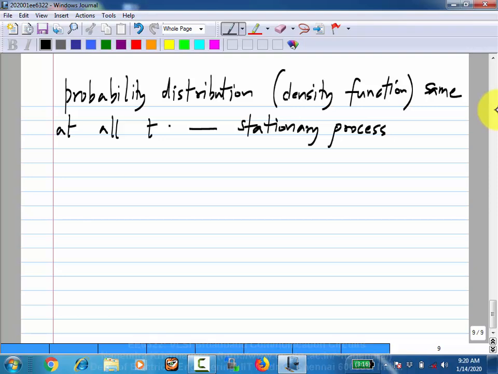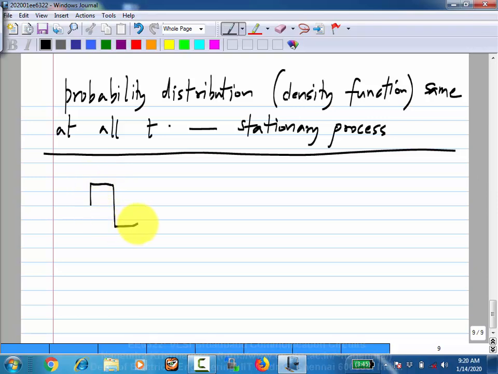In particular, there are a couple of processes that we will see which will be non-stationary. That is, you look at the distribution now or later, it will be different. And there is one kind of time variation that is quite common. That is, because we have signals which are driven by clocks, right?